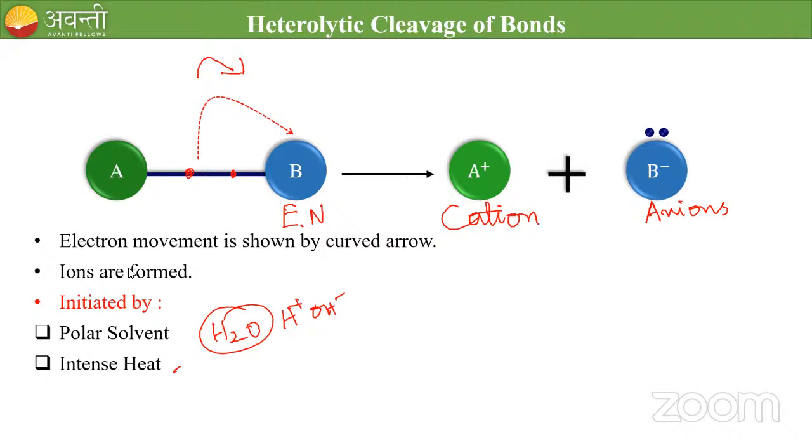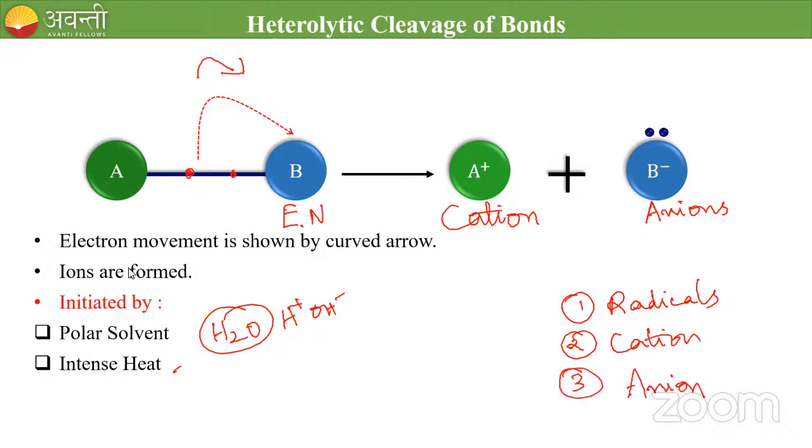Got it? So how many intermediates have we seen? Three. One is the formation of free radicals. The second intermediate is a cation. The third intermediate is an anion. The first one is formed by homolytic cleavage and the remaining two are formed by heterolytic cleavage.